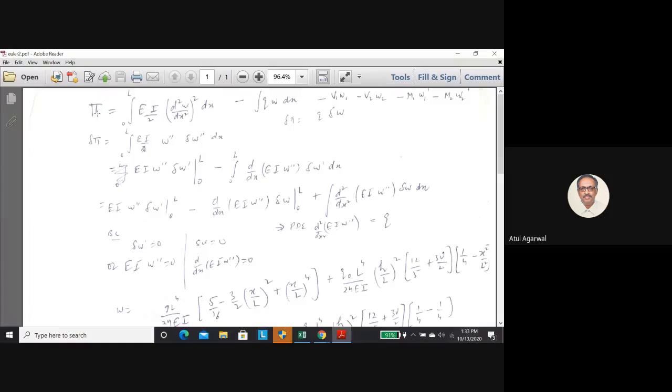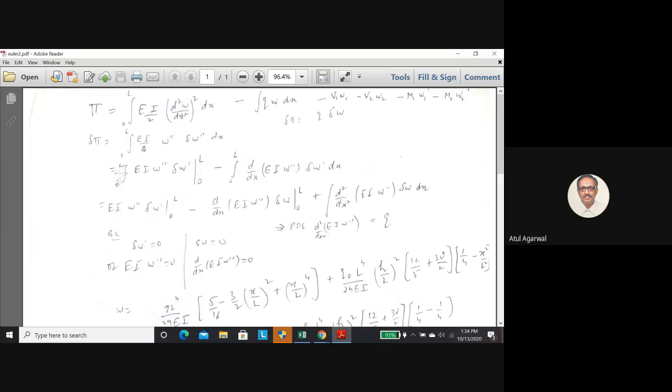So if you want to take a derivative of this term, delta pi is equal to EI W double prime into delta W double prime. If you take its derivative, it will be twice into this.